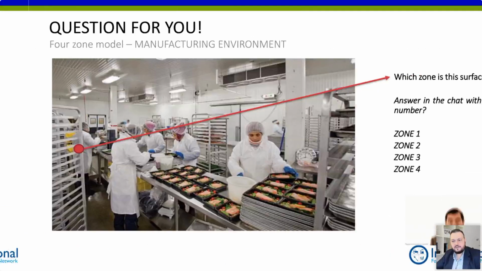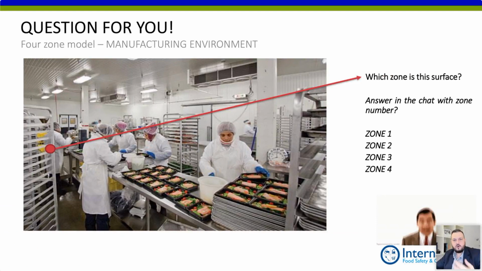But later, when you find out that there are no microorganisms in zone 1 after one year, you say, we didn't have any microorganisms found in these swabs, then you start looking in zone 2. Then you start testing zone 2 more. So the idea is to widen your area of environmental monitoring program.